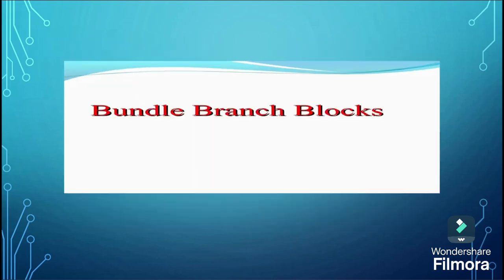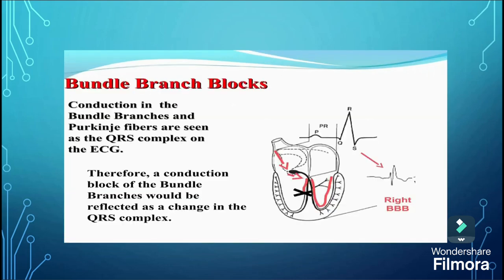Now BBB, that is bundle branch block. So what is it? Conduction in the bundle branches and Purkinje fibers are seen as the QRS complex on the ECG. Therefore, a conduction block of bundle branches would be reflected as a change in the QRS complex.